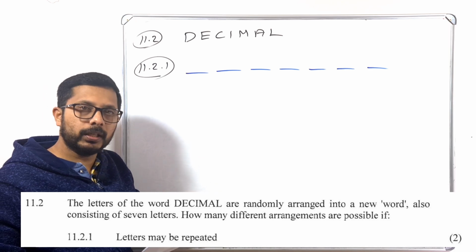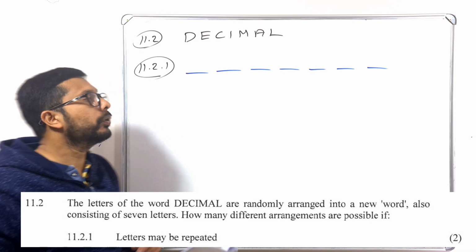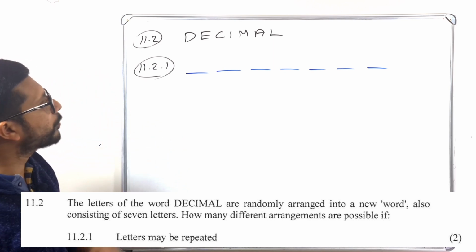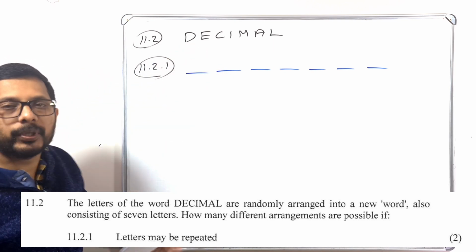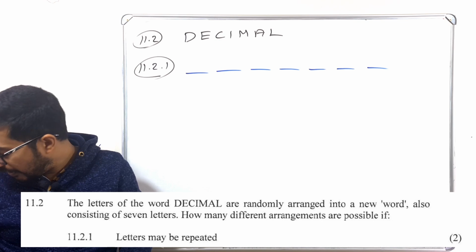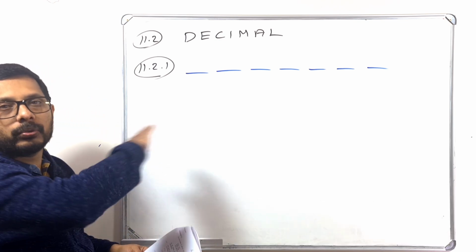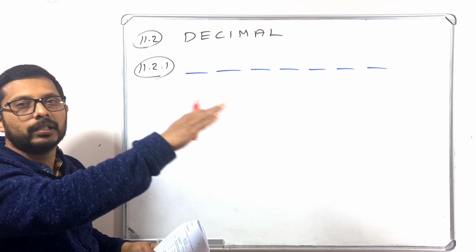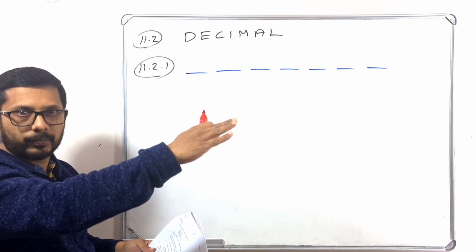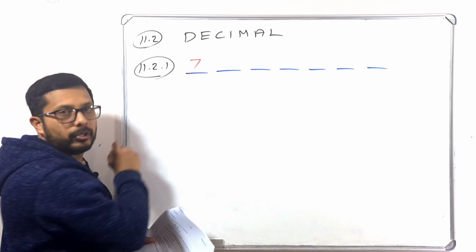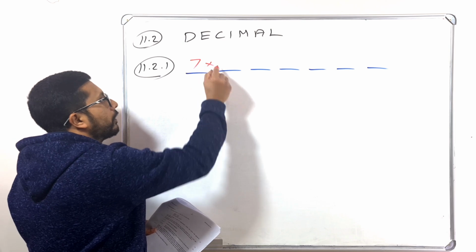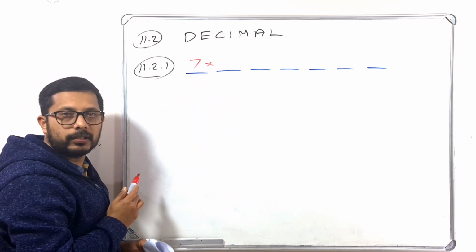That is the meaning of "may be repeated". So now how many different options do I have here? How many letters are there in the word DECIMAL? 7. I am allowed to write any one of those 7 letters, so I have 7 different options here. How many options here?